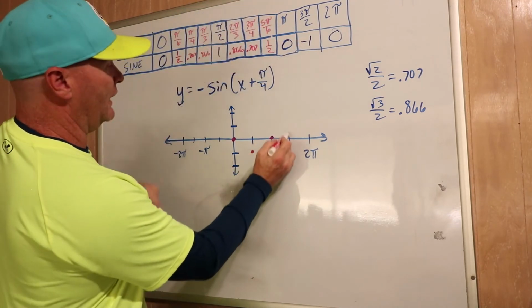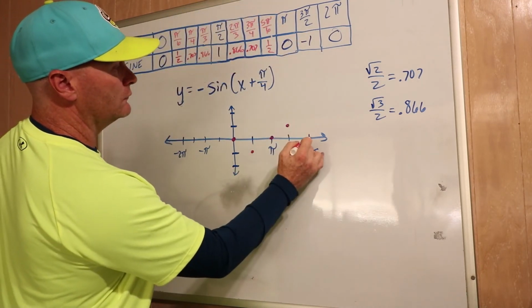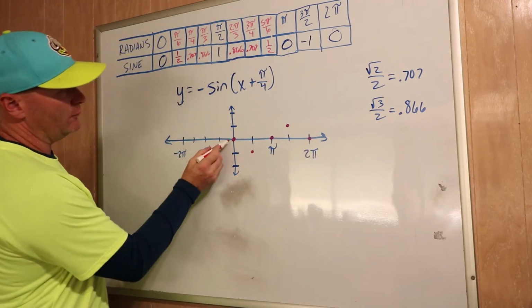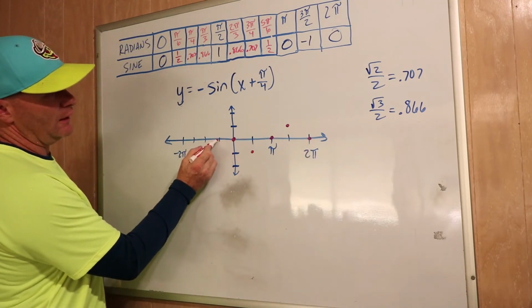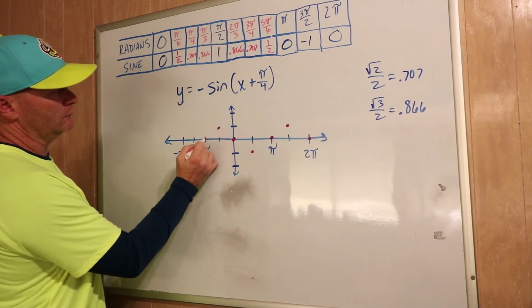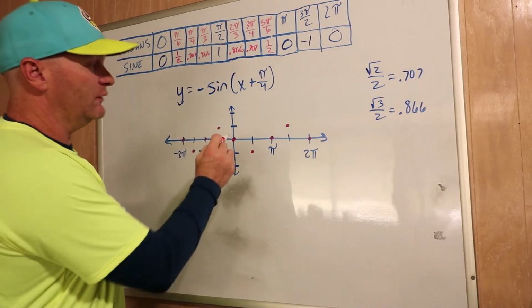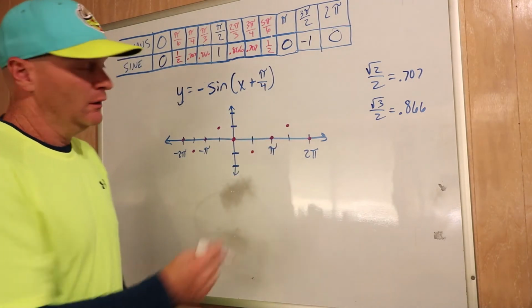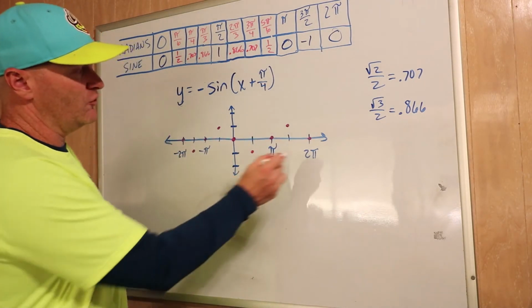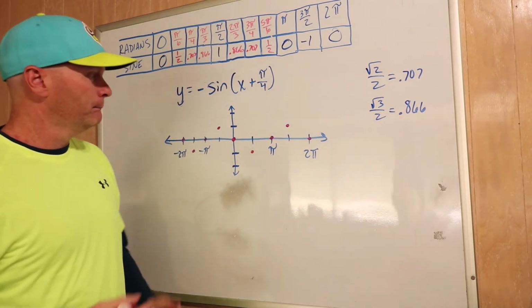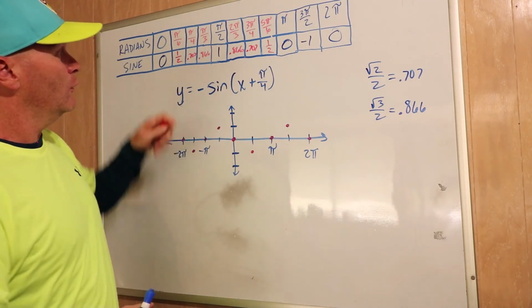And then instead of negative 1, it's going to be positive 1. Back to 0. Same thing on the other side. Instead of going down 1 here, though, it's going to go up 1. So you've probably noticed once you get those first 5 dots in, the rest of them sort of draw themselves once you kind of realize what it looks like. Okay, that's everything with the reflection.